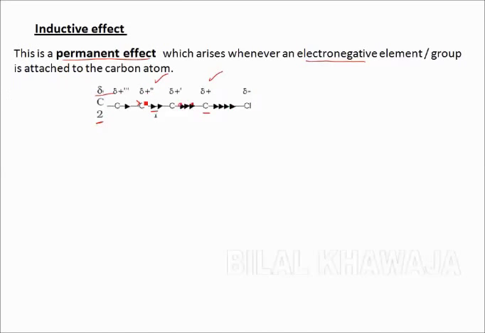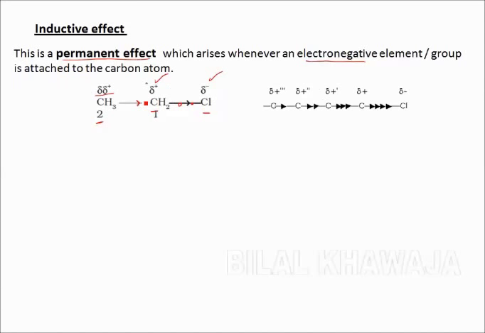So the inductive effect can move along the whole carbon chain, but as we move away from the chlorine, the charge on the carbon atom decreases. It is only significant up to carbon number 2. Beyond carbon number 2, it is almost negligible.